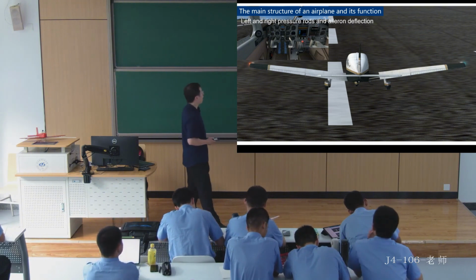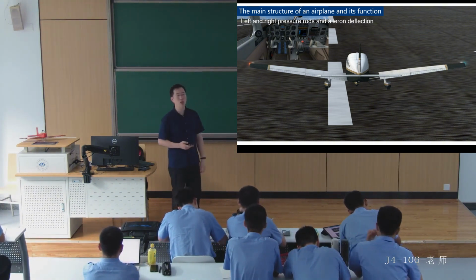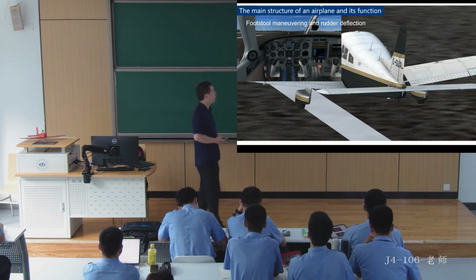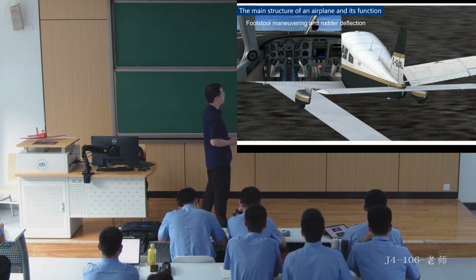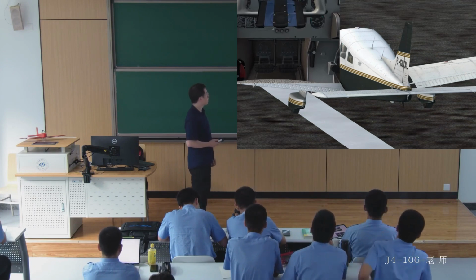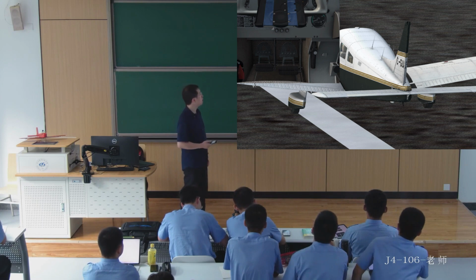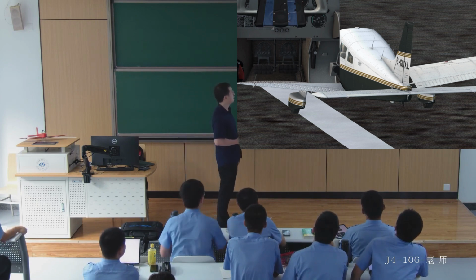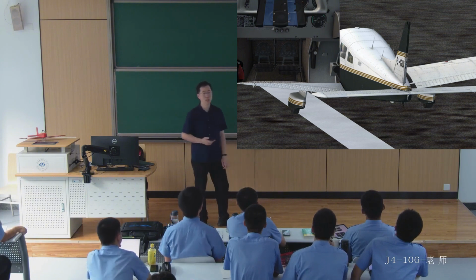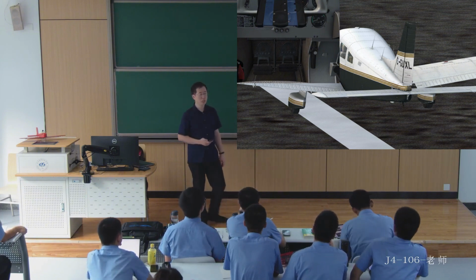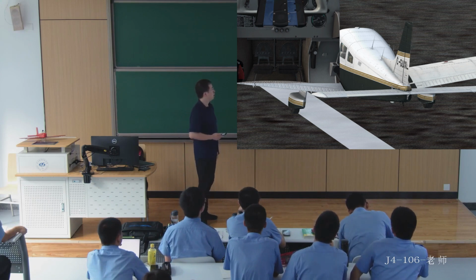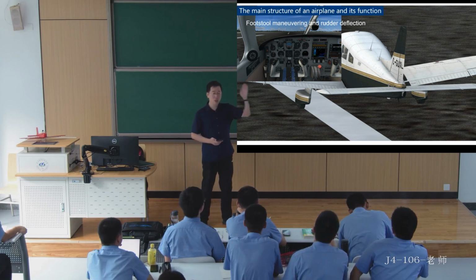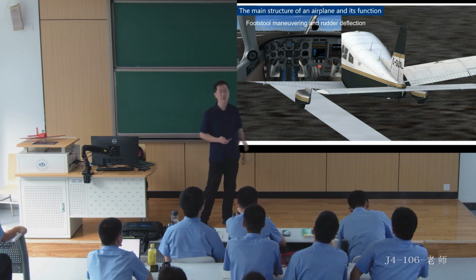Next, we'll talk about the operation of the foot pedals. What are we operating with the foot pedals? The rudder, right? Let's take a look. When we press the foot pedals, it directly corresponds to the rudder moving.